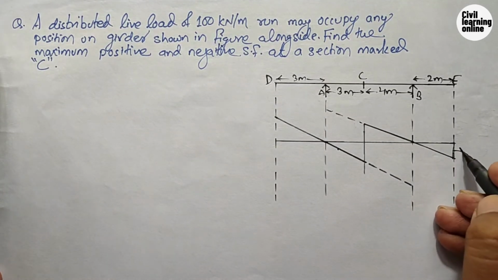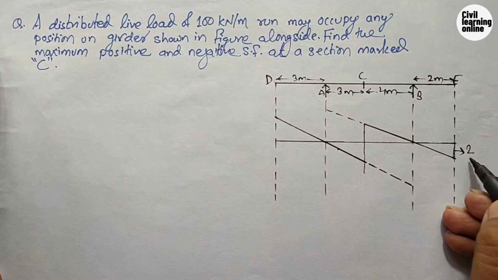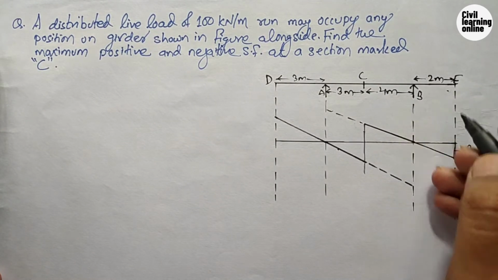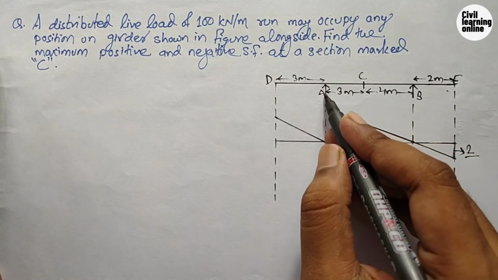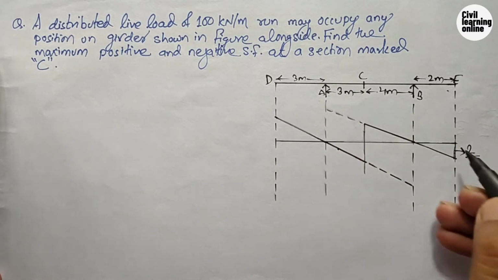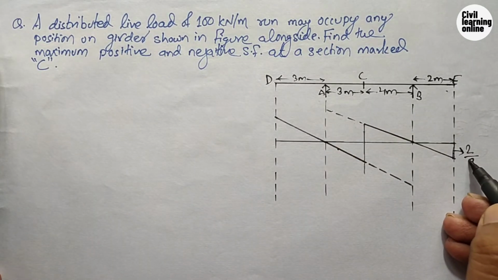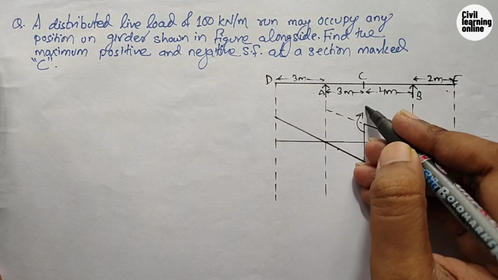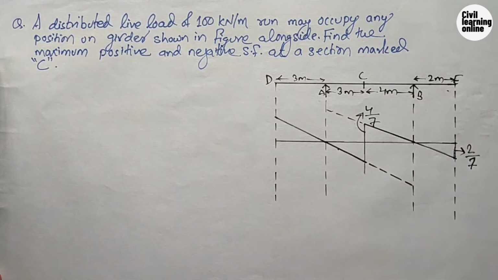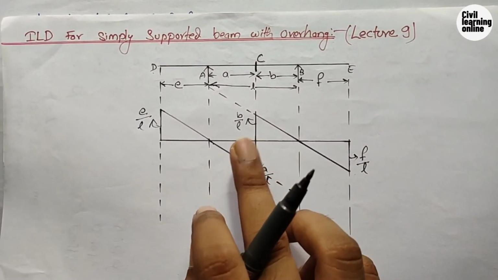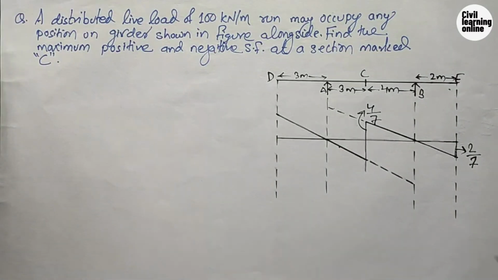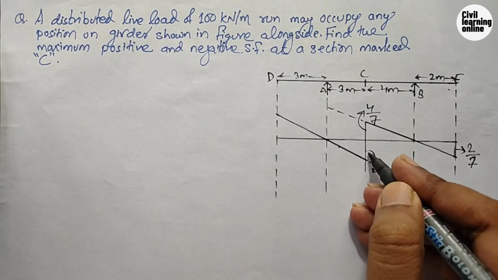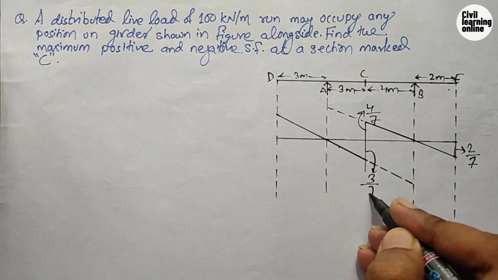Here the ordinate is going to be 2 upon span AB. So the span AB is 7 meters, so this is going to be 2 upon 7. Similarly, this ordinate is going to be 4 upon 7, similar to the concept which I have shown you. And here this ordinate is going to be 3 upon 7.